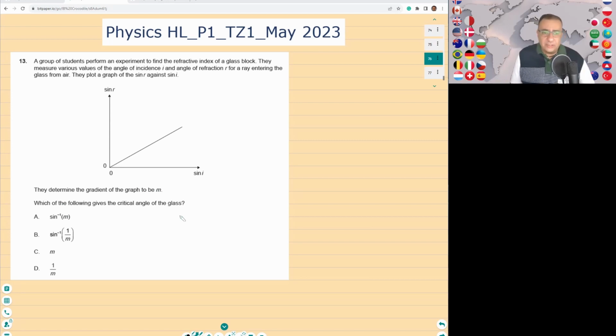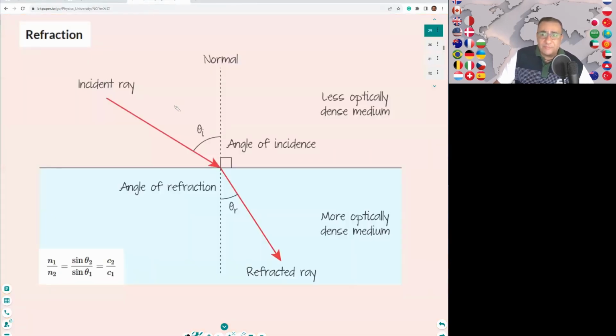So this question is about refraction, and it is also about the critical angle. Let's break it down step by step. First of all, what do we know about refraction? Refraction is a phenomenon of waves, when a wave passes from one medium to another. There is a change in the direction of propagation due to the change in speed according to the optical density of each medium.